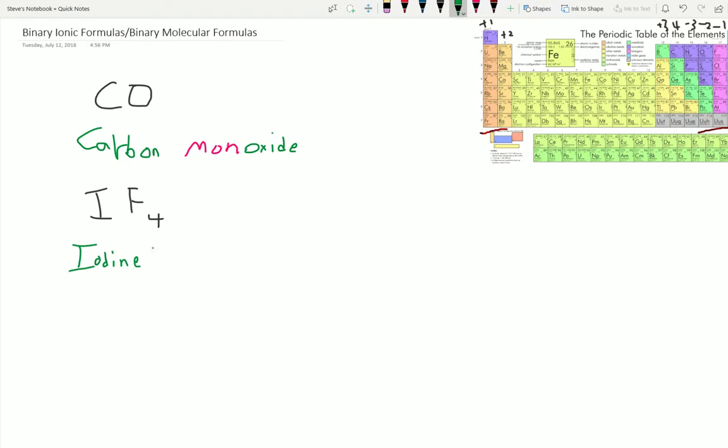Fluorine, but because there's a 4, we must write the prefix of tetra, which is 4. And of course it ends in IDE, so tetrafluoride.